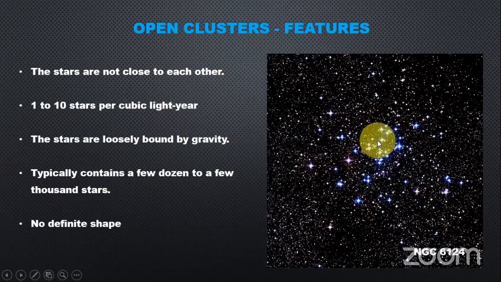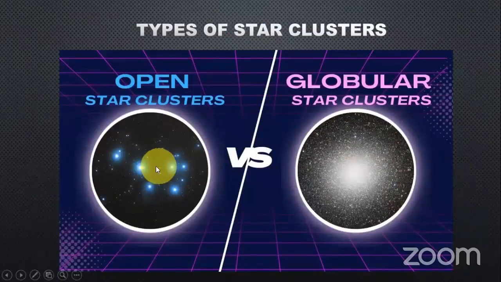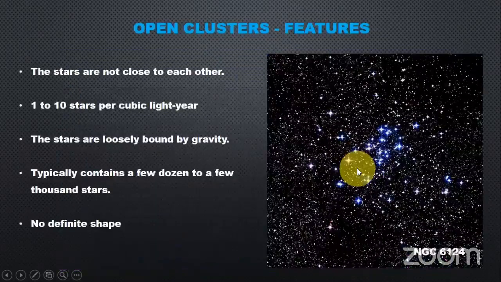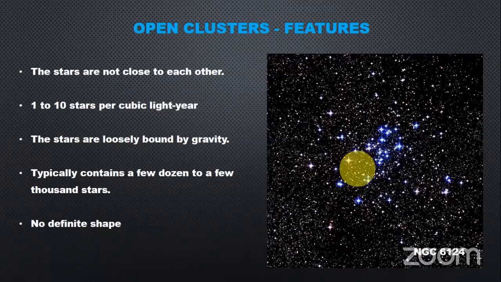But if you compare the stars in an open star cluster to those in a globular star cluster, you agree with me that the ones in the globular star clusters are much closer. So when I'm saying that the stars are not too close, it is relative to the closeness of the stars in the globular star clusters. So stars in open star clusters are not too close to each other.